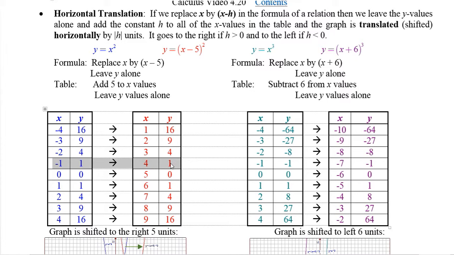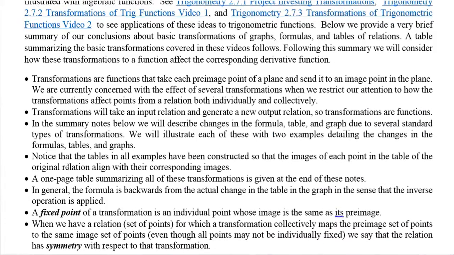So this 4, 1 is not just any point on the image graph, but specifically the one that comes from this pre-image point of -1, 1 on the pre-image graph.